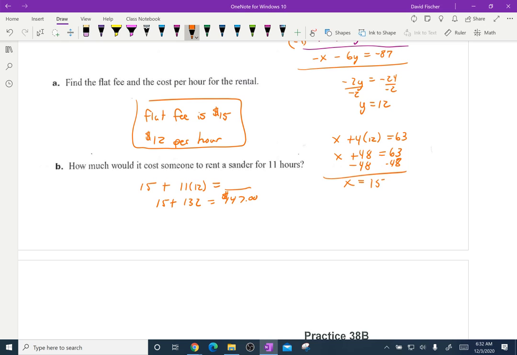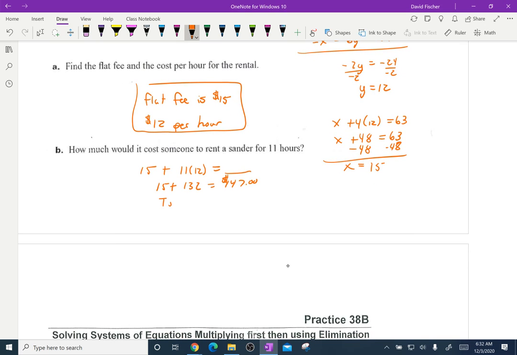So to rent the sander for 11 hours, the charge would be $147.